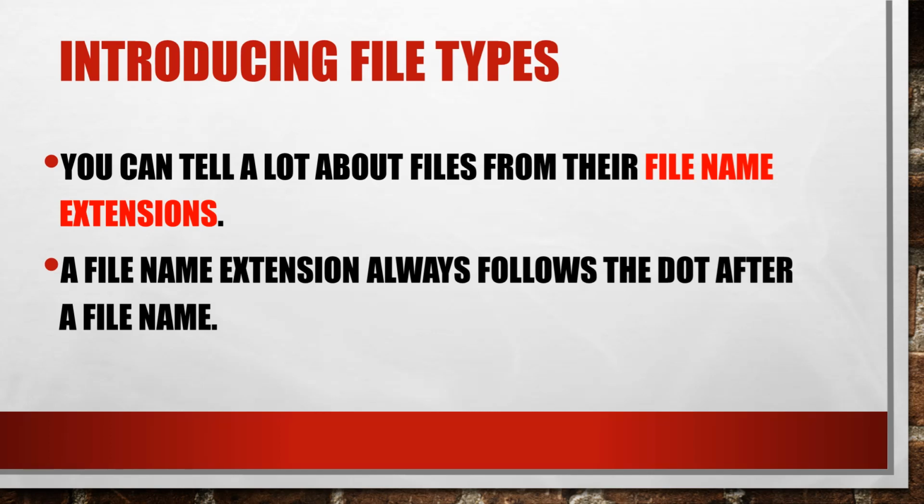When you see a file that ends with .docx, you know that that file is associated with a word processor. And a common app that we use to access word processing files would be Microsoft Word, the world famous Microsoft Word. Remember, you can tell about the files from the file name extension. A file name extension always follows the dot after the file name.